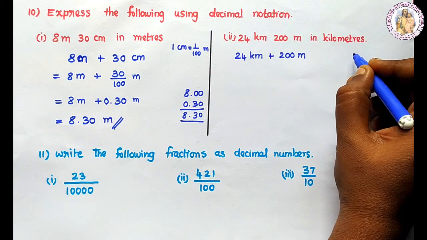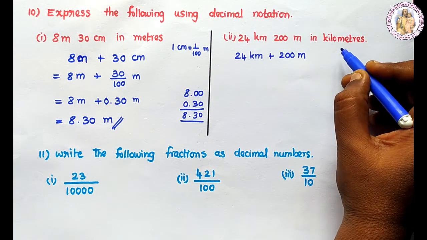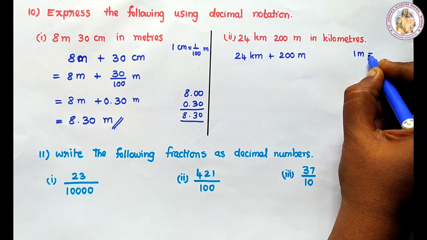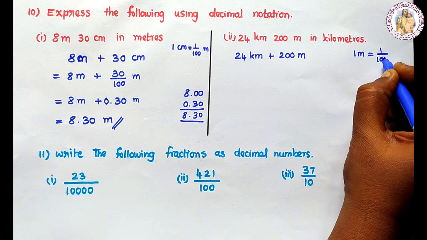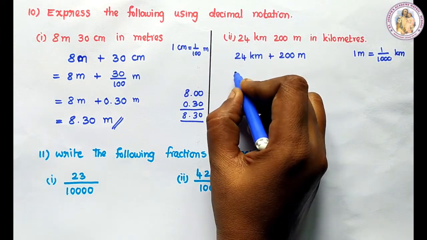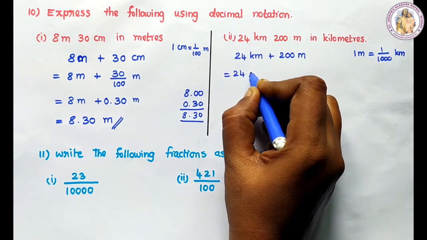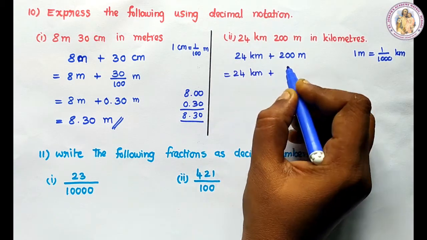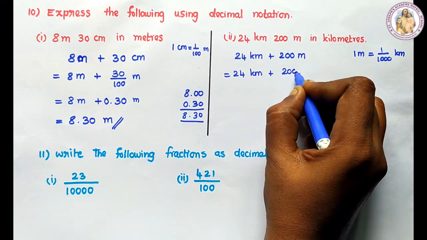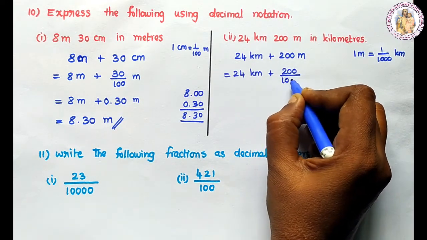Listen, we know that 1 kilometer equal to 1000 meter. 1 meter equal to 1 by 1000 kilometer. Now, 24 kilometer, change this meter into kilometer, means 200 divided by 1000.